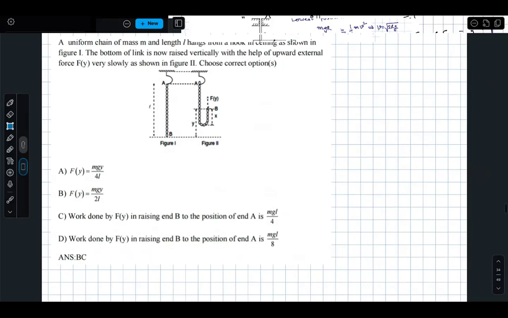So you have raised x, understood. Now please try to understand. See, every time this part and this part is the same. Now please try to understand. You are raising it slowly, don't forget that.